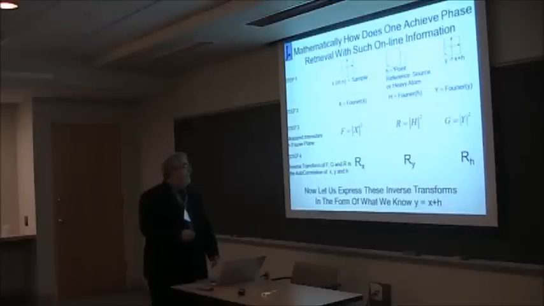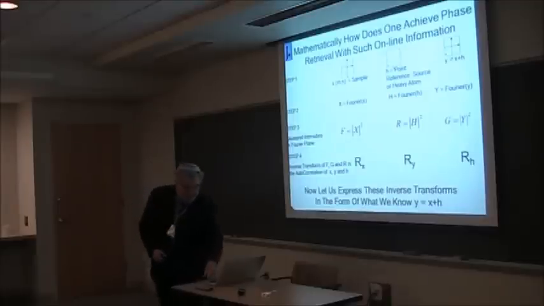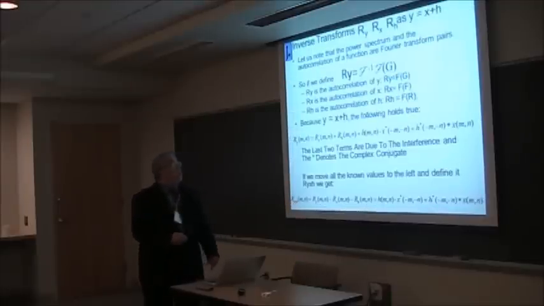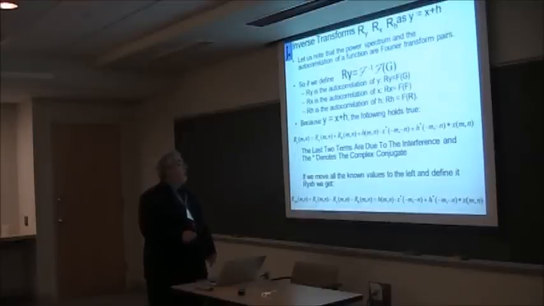And then you can do an inverse transform, and you can express that inverse transform in this format. So all of this is known, and then you can put it in this format, as I said, and if you take these inverse transforms, so you have Ry, the inverse transform, Rx, Rh, and then there's a cross term. But you don't know the cross term, because you don't know h. Okay?